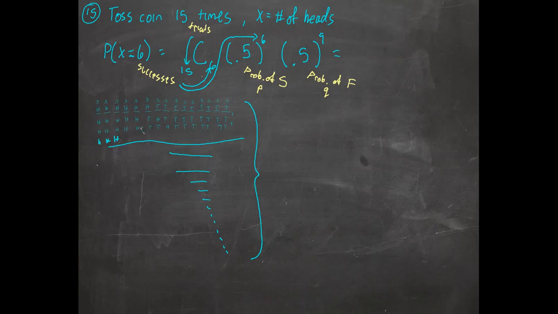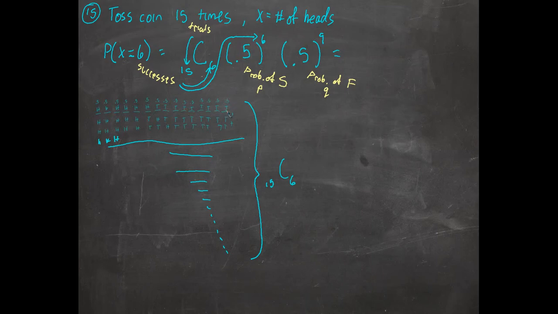Well, what we're really doing is choosing, out of these 15 positions, 6 unique places for the heads to go. Okay? And in short, that is 15C6. There are 15 places, let's imagine them as chairs, for these heads to sit.